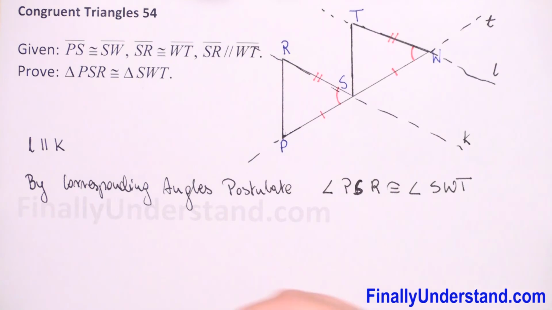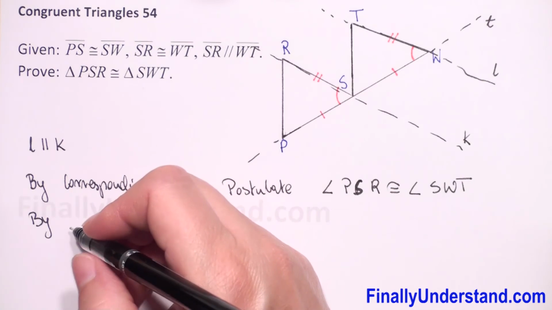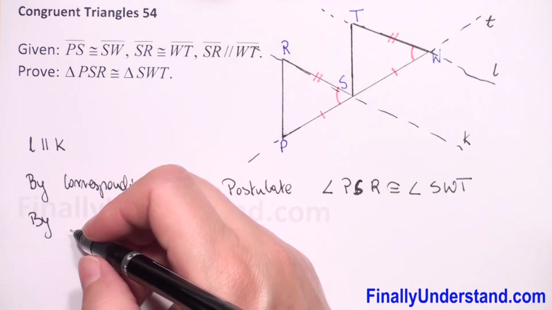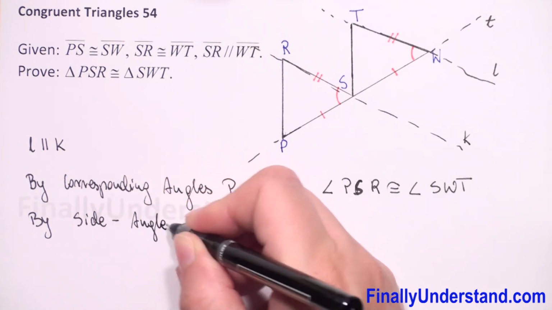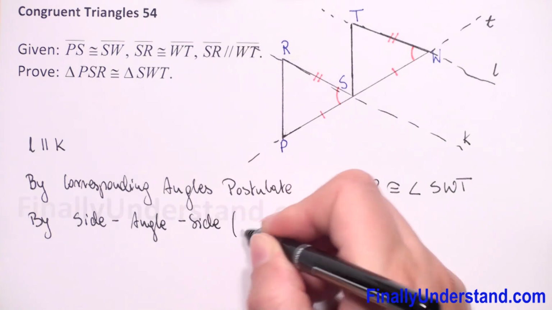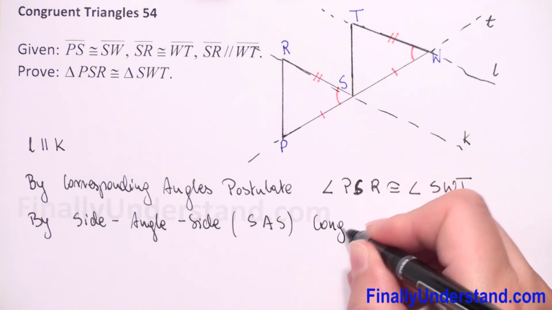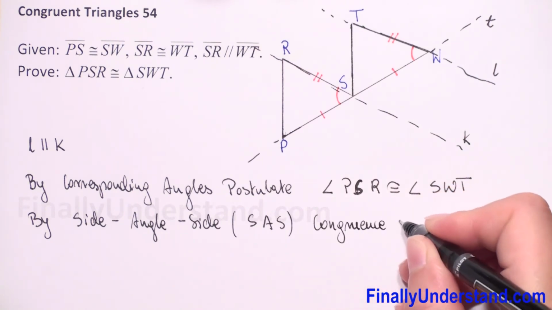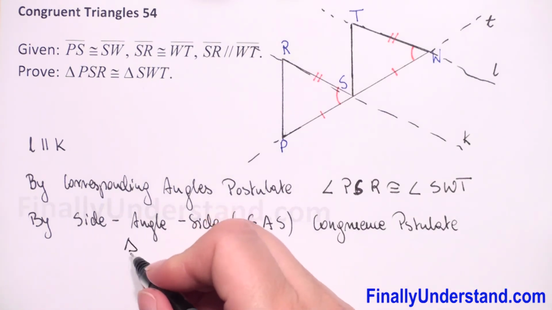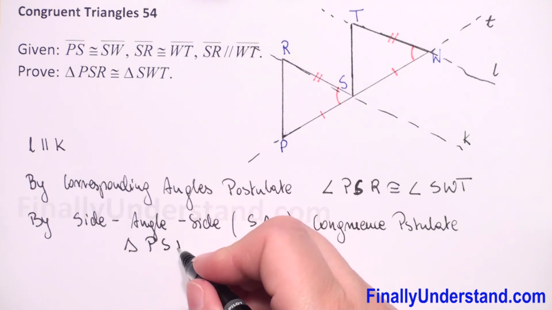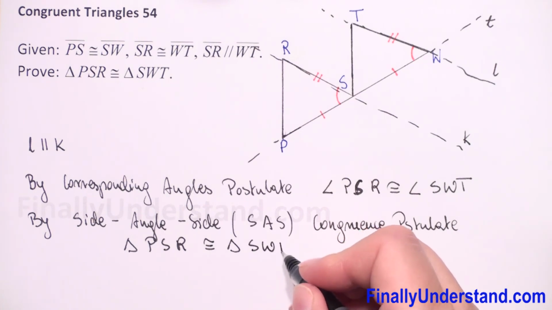So we can write that by the side angle side congruence postulate, we have that triangle PSR is congruent to triangle SWT.